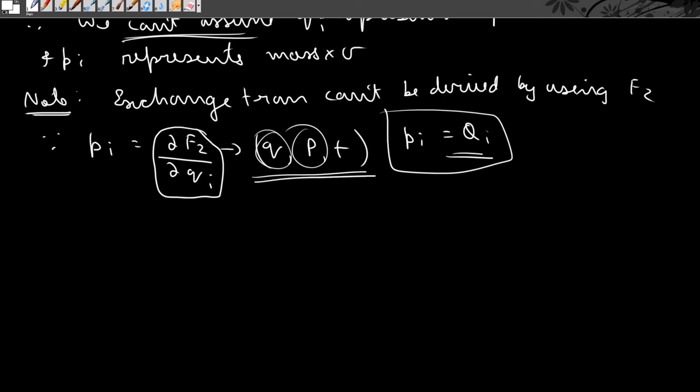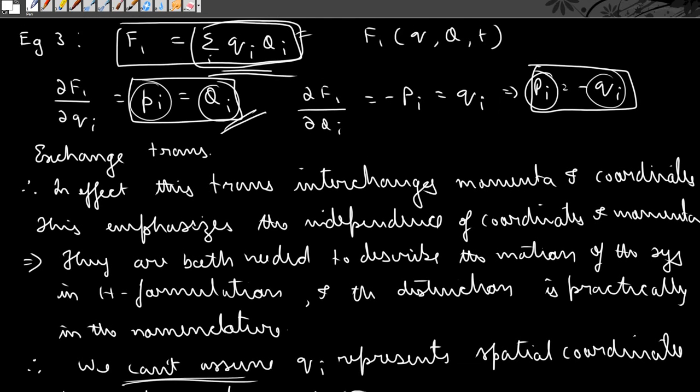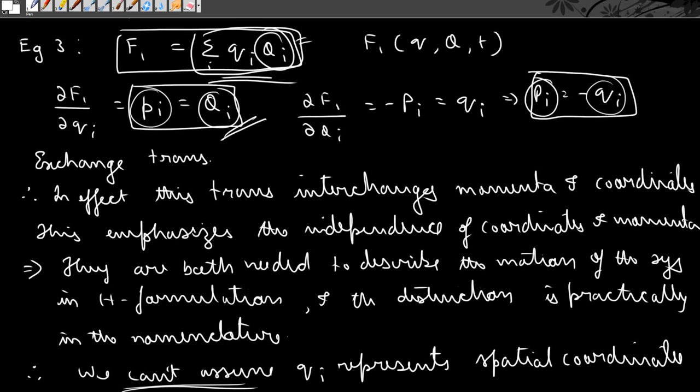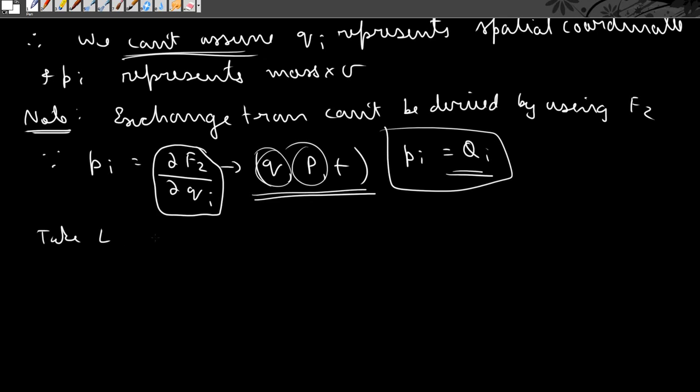Okay, in fact if you take the Legendre transform of this particular function f1 with respect to Qi, then what will we get? Taking the Legendre transform of f1 with respect to Q, that Legendre transform is nothing but our f2. So our f2 must be equal to f1 minus the summation of ∂f1/∂Qi times Qi.